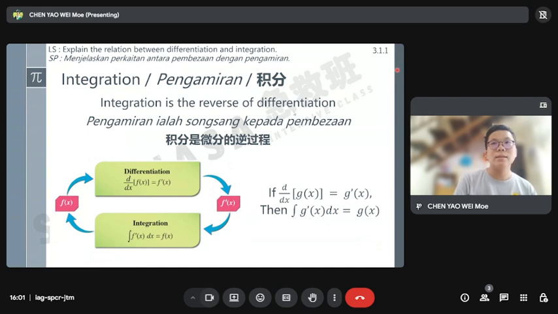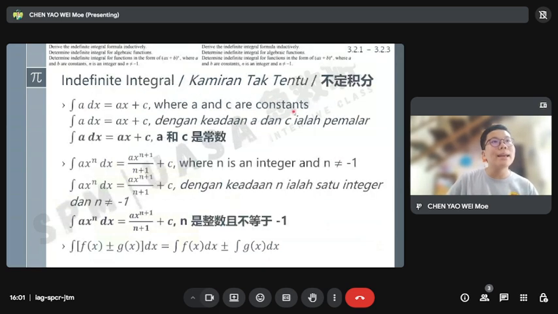For integration, we have some rules about the indefinite integral. When we do differentiation we also have rules, and that's quite hard, with so many things to remember. But for the indefinite integral it's very easy, just a few steps.